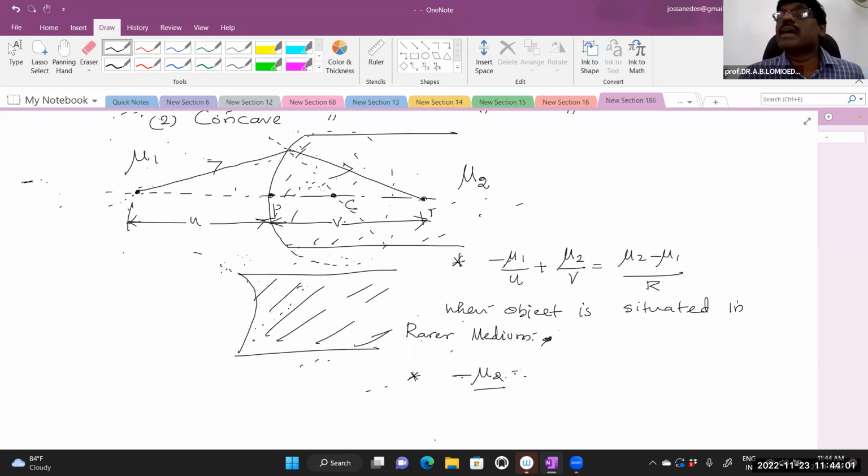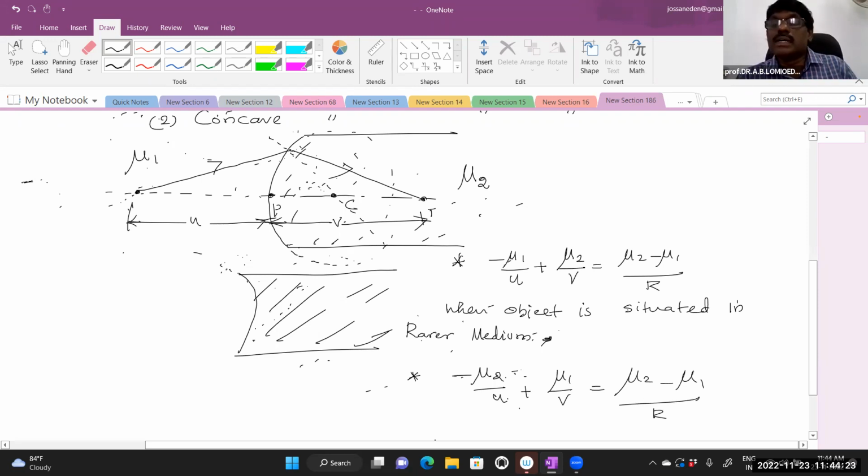Here mu1 is the refractive index of the rarer medium. Mu2 is the refractive index of the denser medium. When the object is placed in the denser medium, this formula is modified as mu2 divided by u plus mu1 divided by v equals mu2 minus mu1 divided by r.